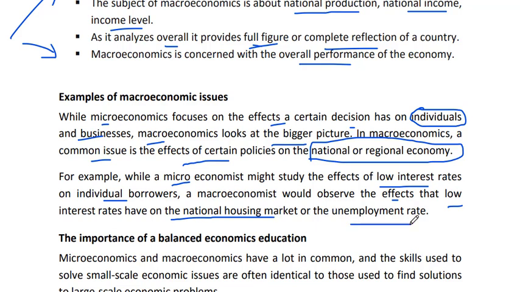So in microeconomics, if there is a low interest rate, we study our loan. But in macroeconomics, a low interest rate directly affects the national housing market or the national unemployment rate. Microeconomics studies the individual borrower who has to take money, but macroeconomics studies the national housing market and the unemployment rate.